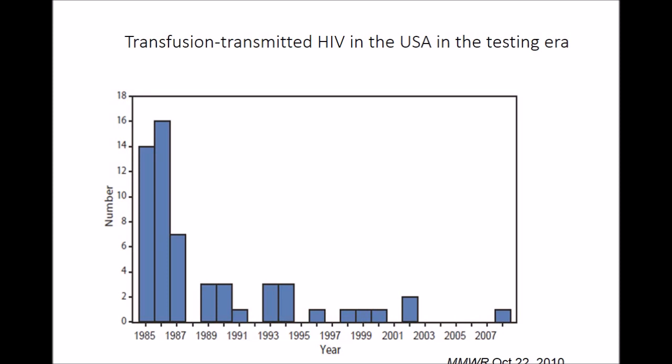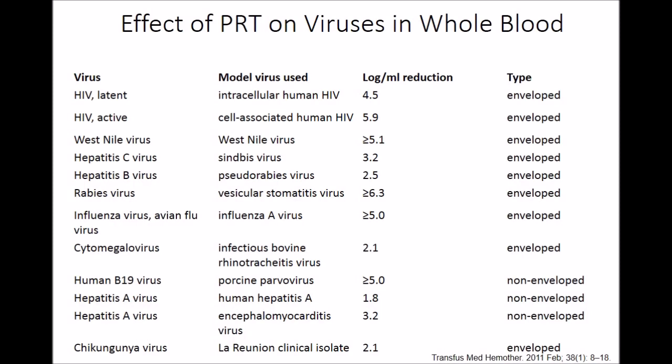And here's the proof. This is, again, from the CDC's own journal, transfusion-transmitted HIV in the USA in the testing era. These are the window period NAT infections, which I showed you in the earlier slide. It's still happening. Why? Because they don't have viral inactivation and the tests are limited. And why don't they have viral inactivation? Because here is just one of the technologies, and I chose this one simply because it's on whole blood.